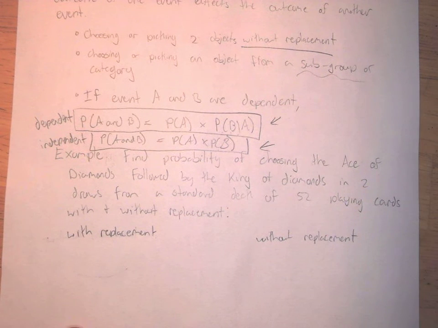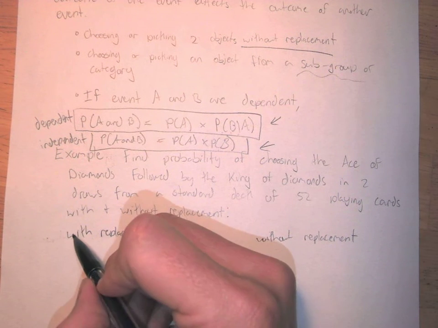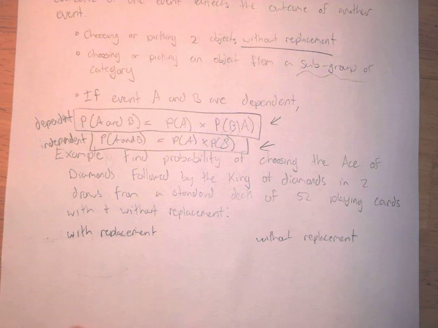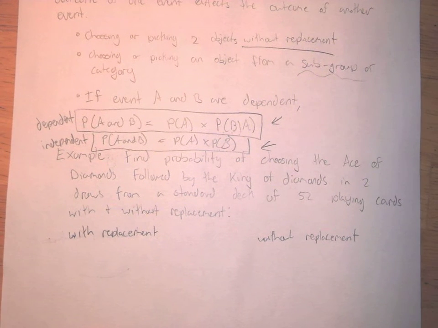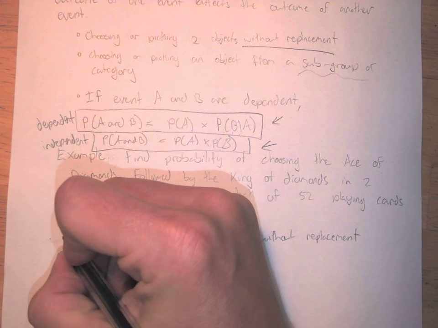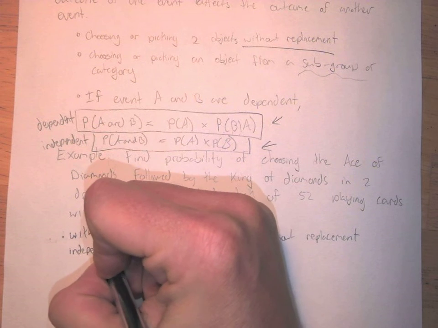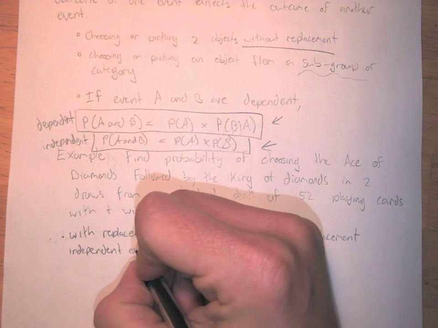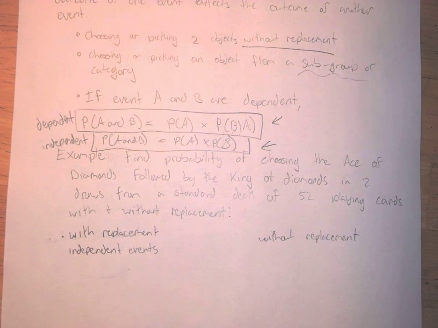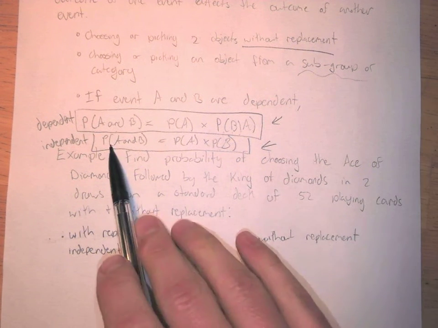Okay, so the first one we're gonna pull a card and then we're gonna put it back in the deck. So in this case, we're talking about independent events. Independent events means we're going to be using this formula.